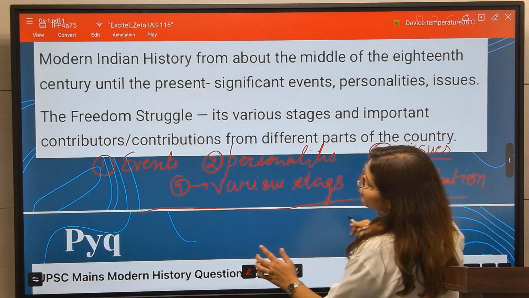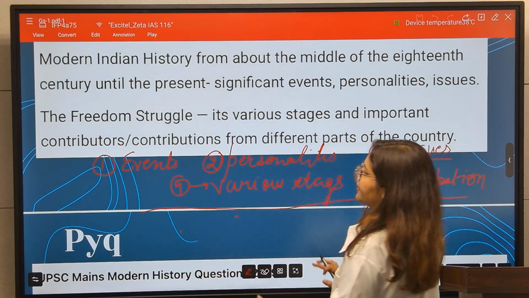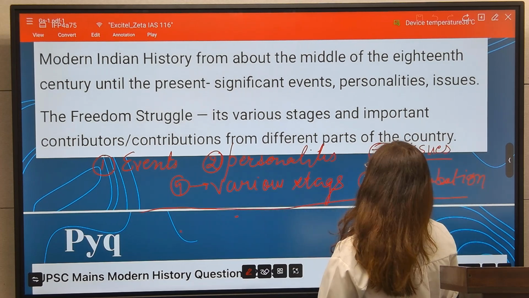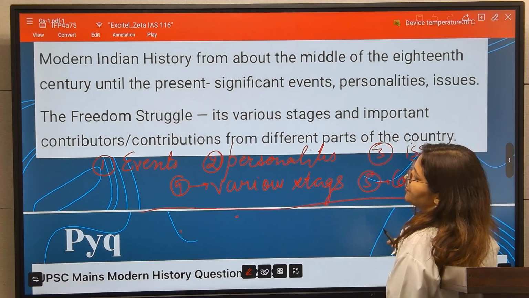So you have to prepare notes on these 5 categories: event, personalities, issues, various stages, and contribution.